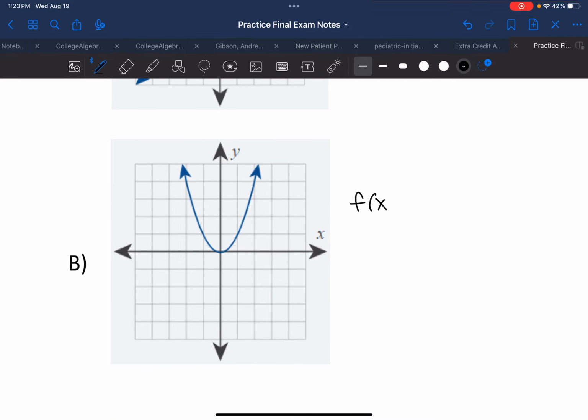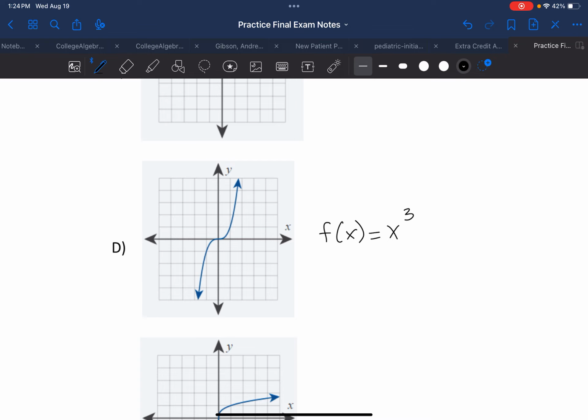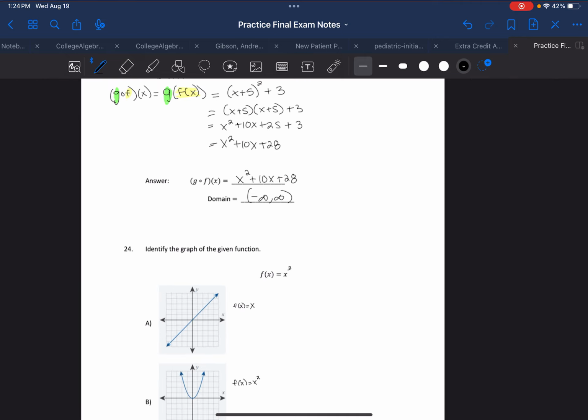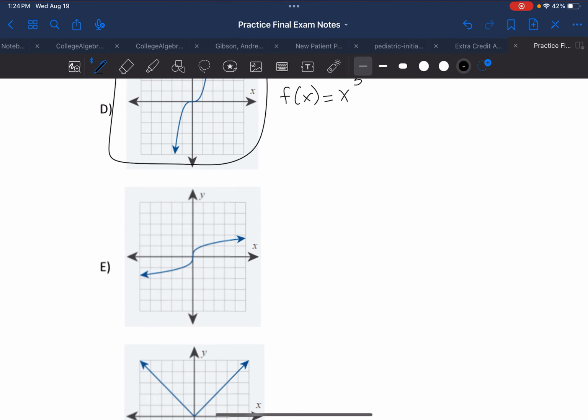This one is the square root function. This one is the cubic function. So this would actually be the answer you choose if it was x cubed, which is the one I said this was supposed to be. And then the next one is the cube root function.